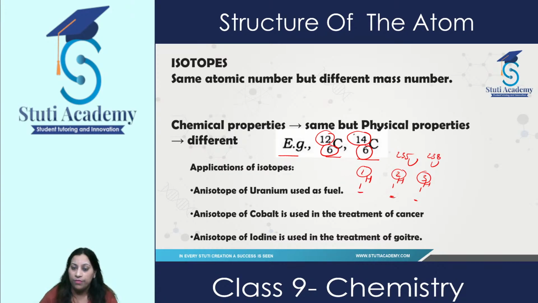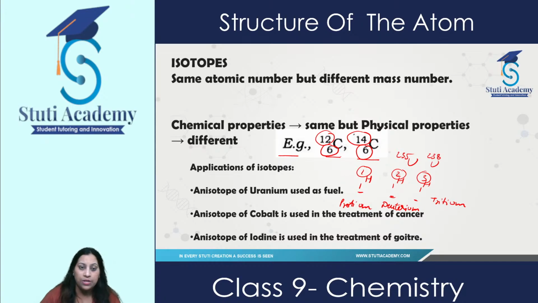In this form, we call it hydrogen, or we call it protium, or we call it deuterium, or we call it tritium. So these are different isotopes of hydrogen in which their atomic number is the same but mass number is different. On the basis of that, we can use them in different forms.